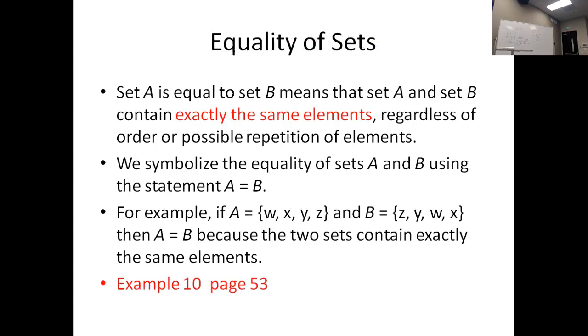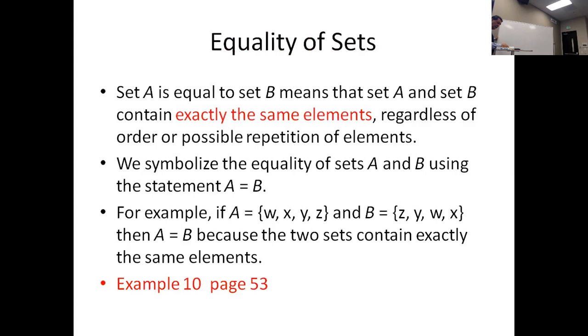Let's look at example 10, page 53. It says, find out whether each statement is true or false.